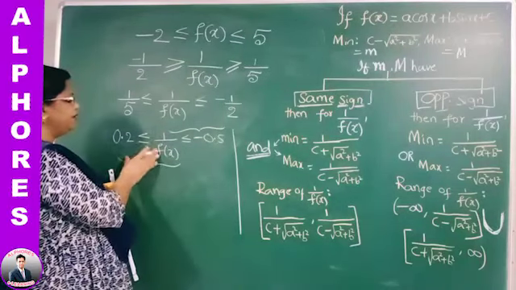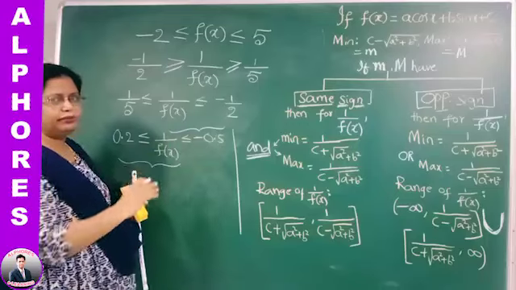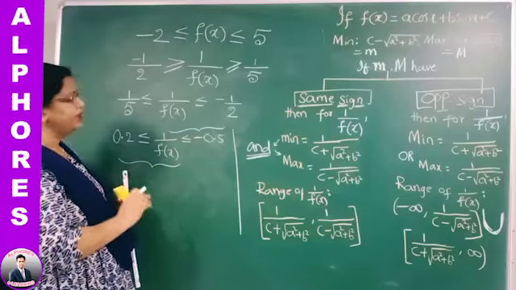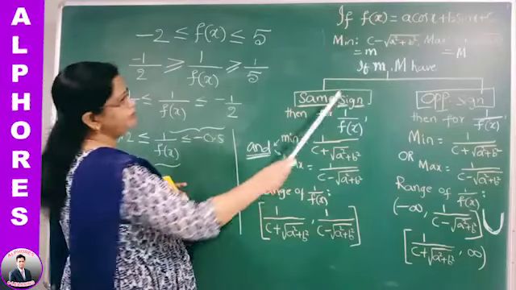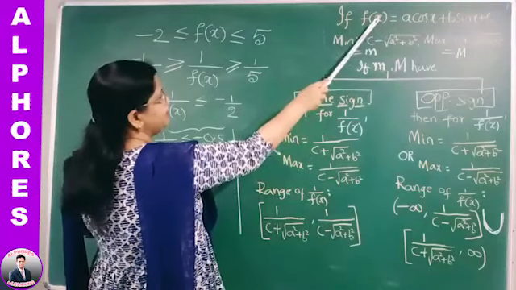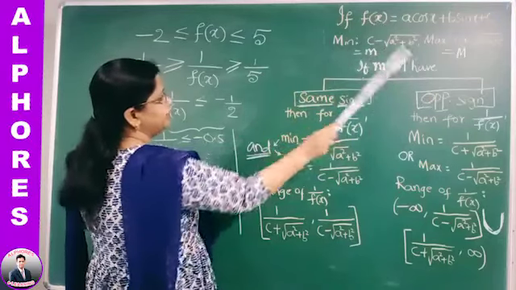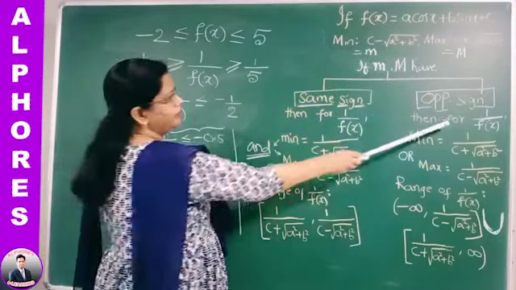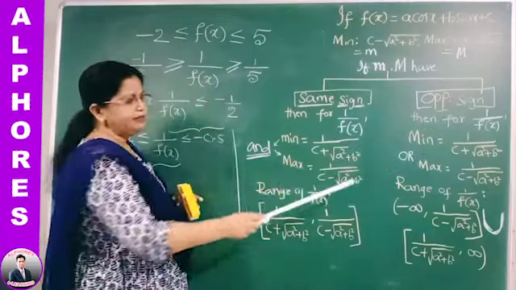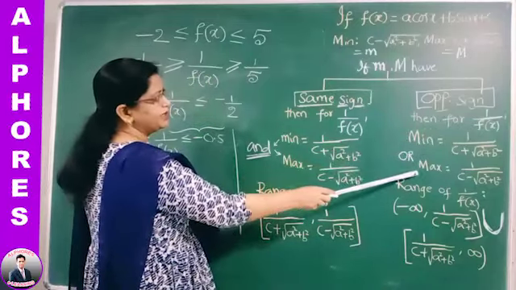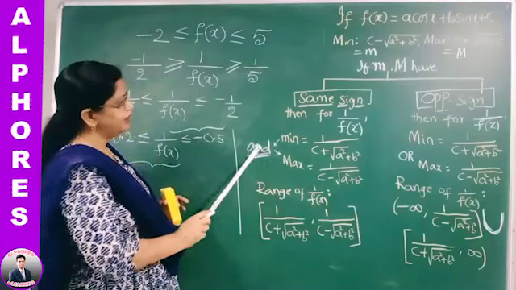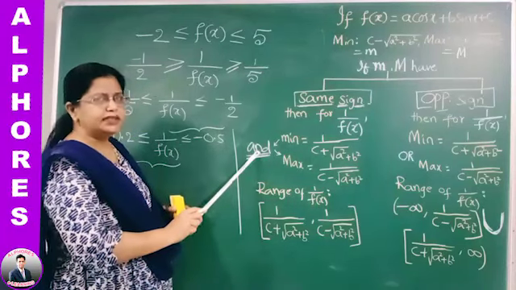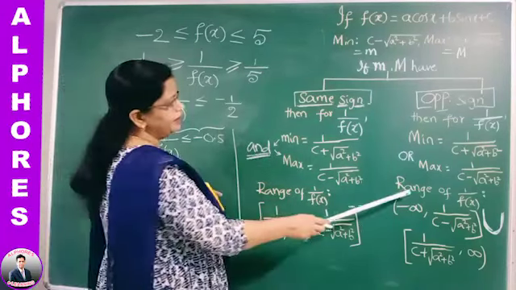So only minimum you can take or only maximum you can consider. That is the reason when the signs of the minimum and maximum of f of x are opposite, then for 1 by f of x either minimum value exists or maximum value exists, but both cannot exist simultaneously.